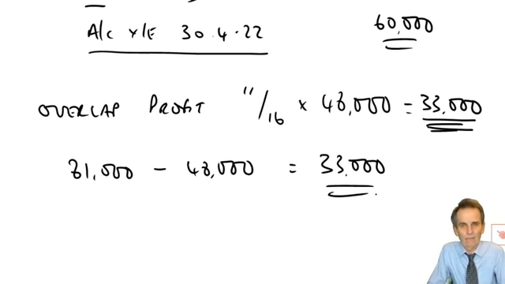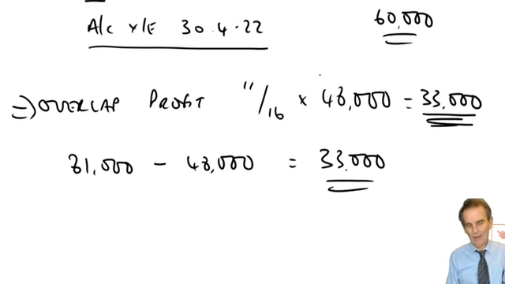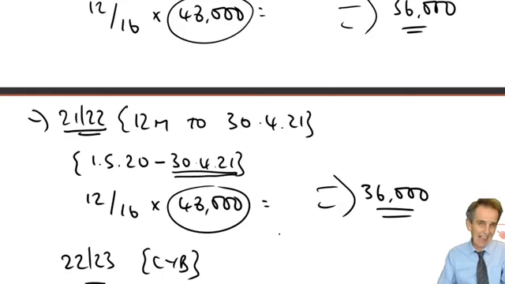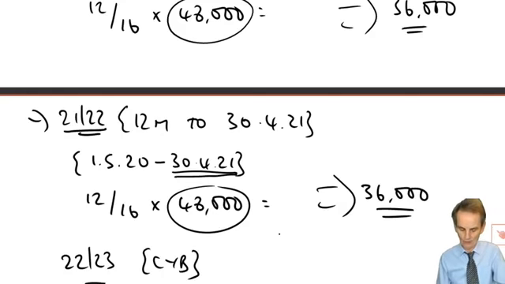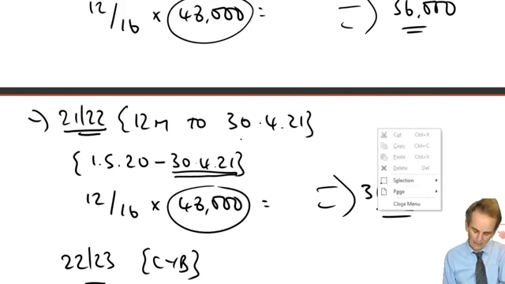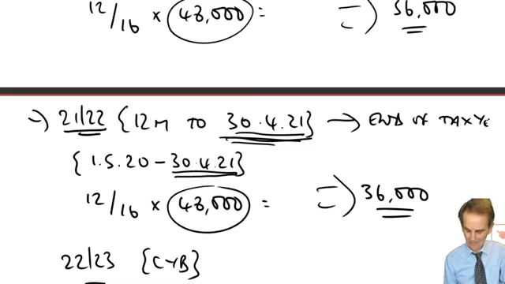In terms of establishing through the calculations here of overlap relief how many months of overlap you have, you don't need to know any shortcuts or tricks about this, but what you are able to do is look at the accounting date that you have chosen and ask yourself, again to the nearest month, how many months is it from that accounting date through to the end of that tax year?